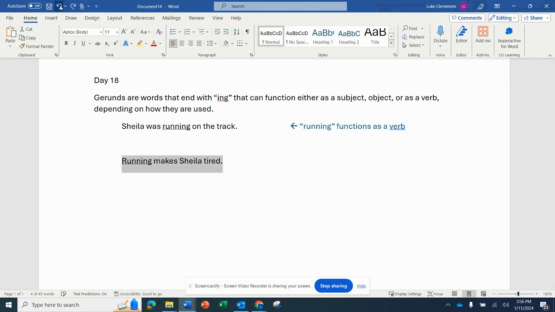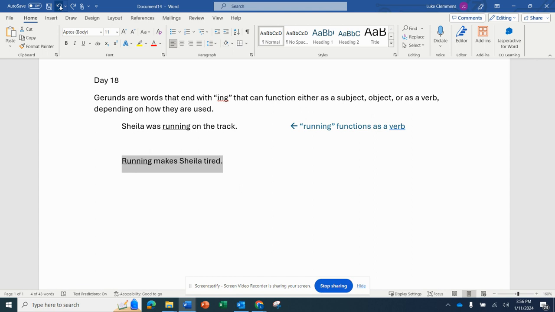But what if we had a sentence like, running makes Sheila tired? Well, here Sheila is not doing the action of running in the sentence. We're talking about running generally, in a general sense. In fact, we're not even talking about anyone doing the act of running here.